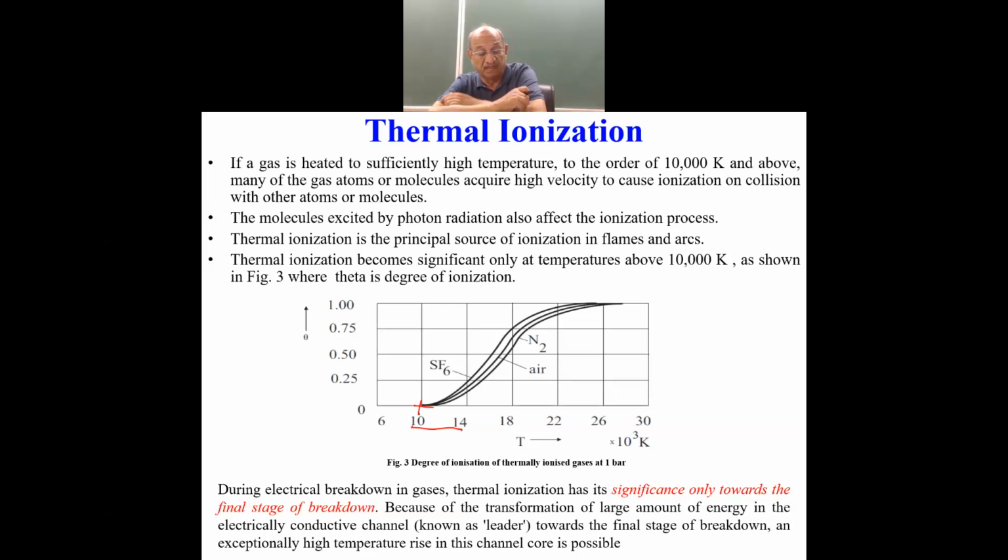During electrical breakdown in gases, thermal ionization has its significance only towards the final stage of breakdown. That means, in gaseous dielectrics, breakdown always takes place with an unstable leader leading to formation of an arc. The unstable leader takes the form of an arc when the breakdown is accomplished.